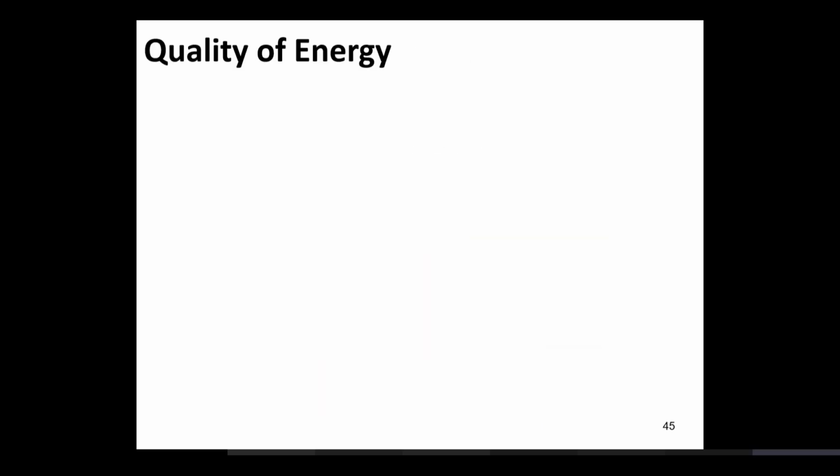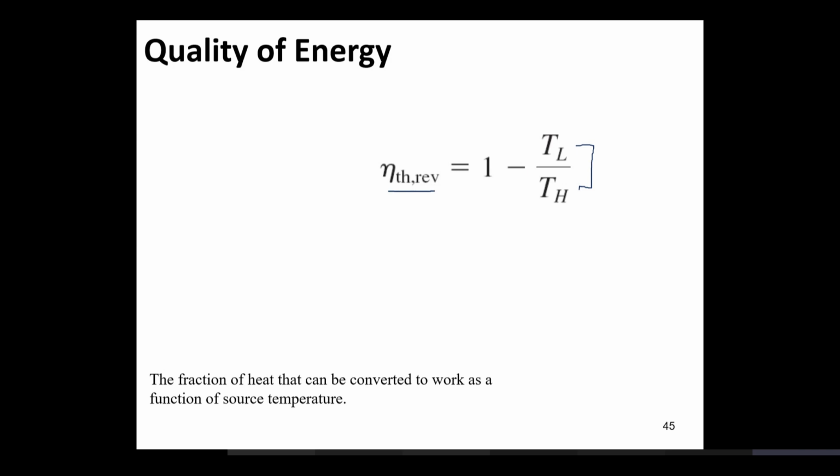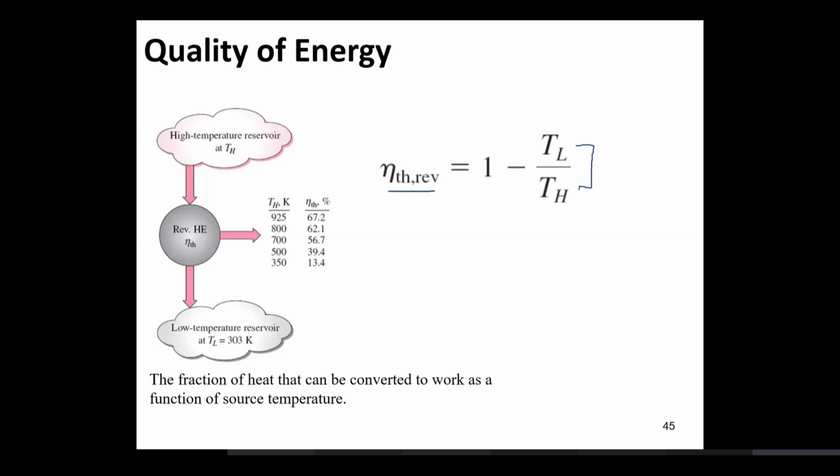The last thing that we have to discuss today is basically the quality of energy. Quality of energy, we say that this is the efficiency of a Carnot heat engine, or the maximum efficiency achievable for a system operating between two temperatures. Now, let's say the fraction of heat that can be converted to work as a function of source temperature, if you want to see that.